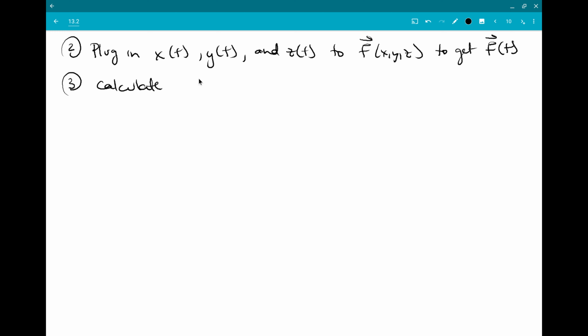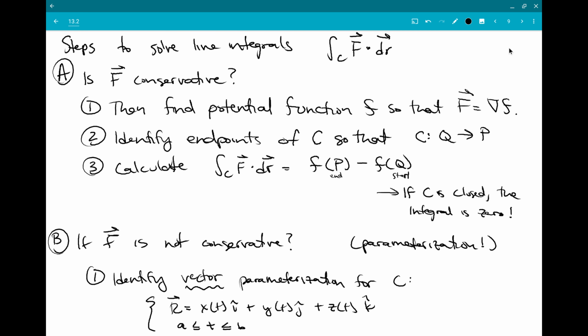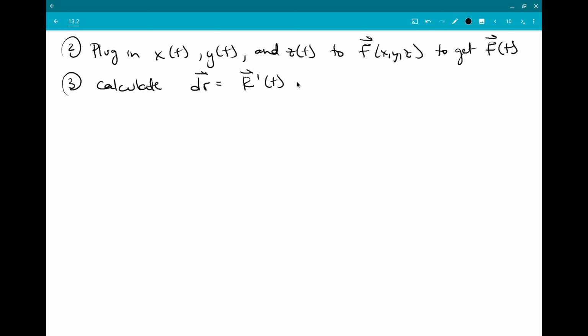And you're going to calculate that dr is your vector parameterization r's derivative, r prime of t dt.